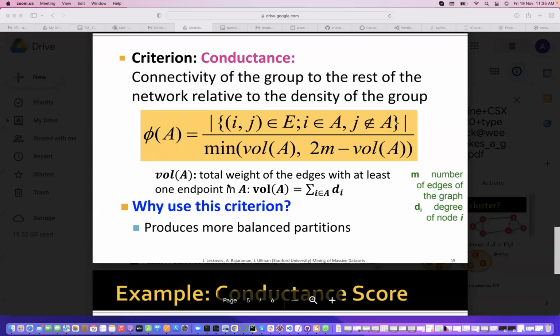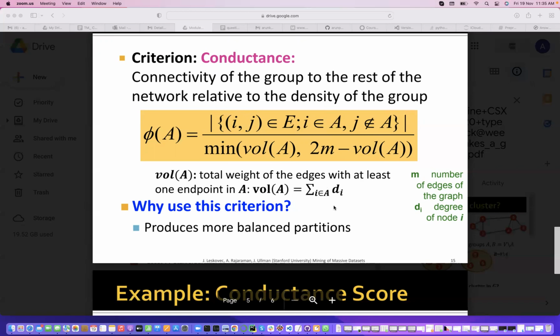What is volume of A? Total weight of the edges with at least one endpoint in A. That is sigma i belongs to A of d_i, where d_i is the degree of node i.